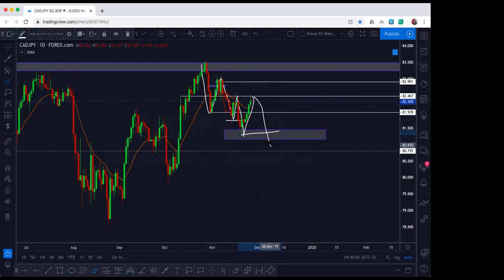Right? So the overall play for CAD would be to the downside, and I'd actually be looking to target about the 80 zones. So that's ultimately what I would be looking at out of CAD JPY.